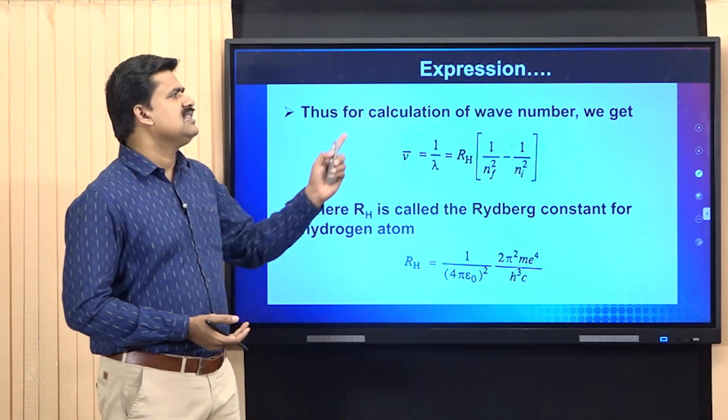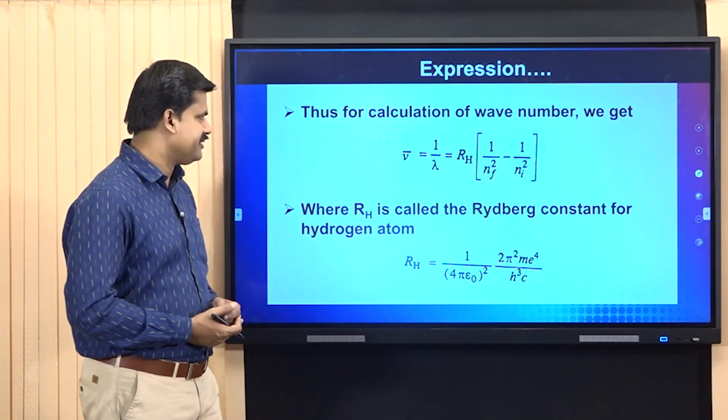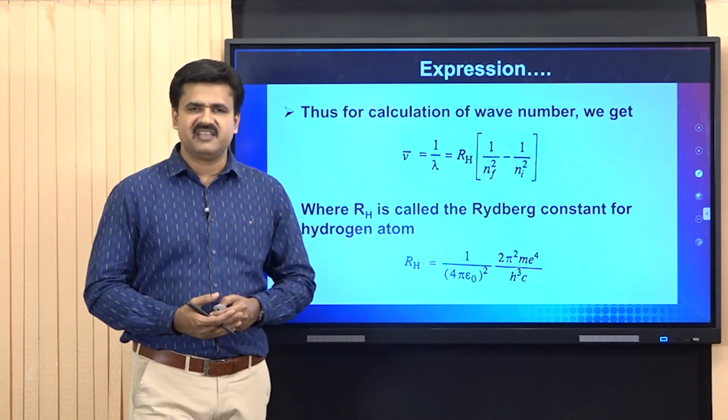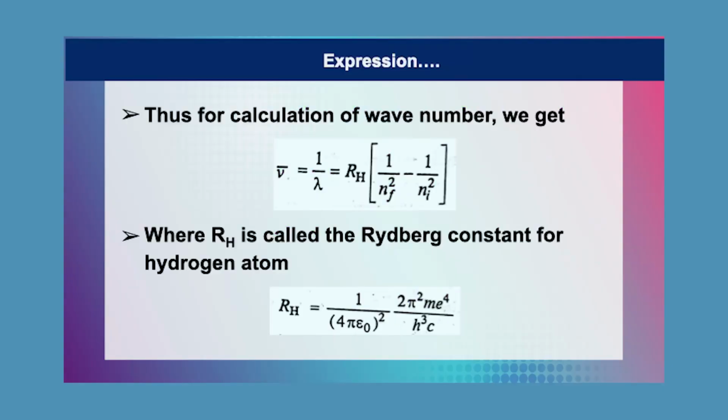Thus, the wave number can also be calculated from the above equation. Nu bar is the wave number. Nu bar is equal to 1 by lambda. That can be marked as nu bar or 1 by lambda equal to Rh into 1 by nf squared minus 1 by ni squared.